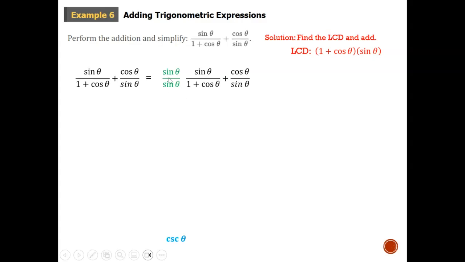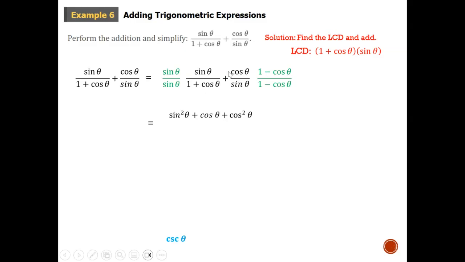And this is legal in math because you're multiplying by 1. Now, for the second term, cosine theta over sine theta, what's missing is the 1 plus cosine theta. So I'm going to multiply top and bottom by 1 plus cosine theta. This will be a plus because I made a mistake here. That's supposed to be a plus.